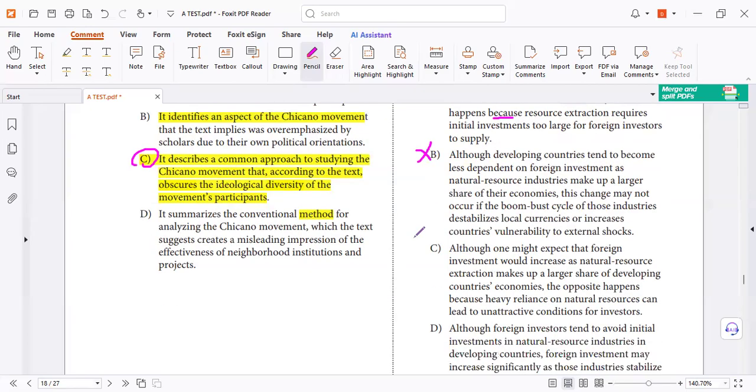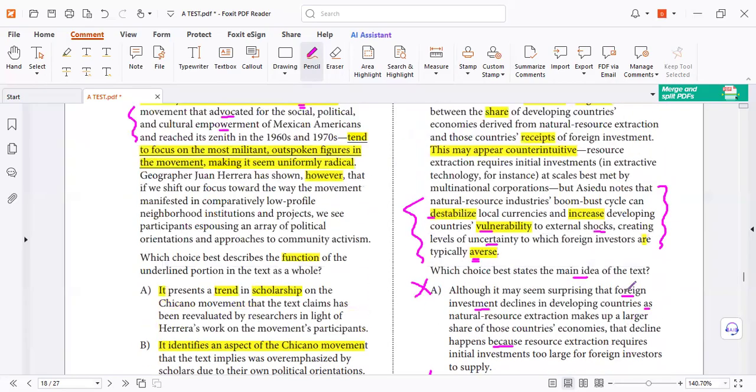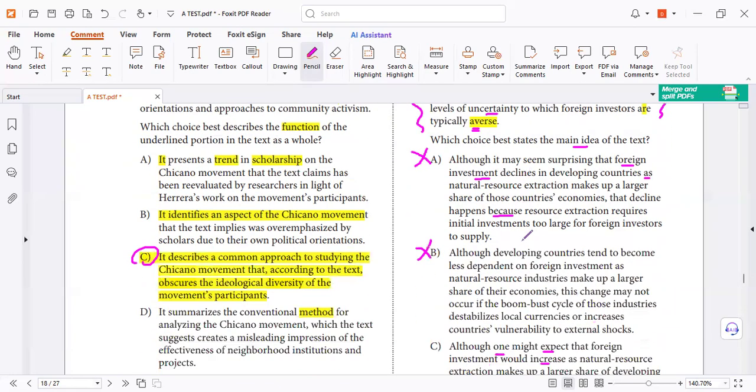Look here, it's related to the content. Although one might expect that foreign investment increases as natural resources extraction makes up a larger share, the opposite happens. See the opposite. This may appear counterintuitive. Will it happen or not?